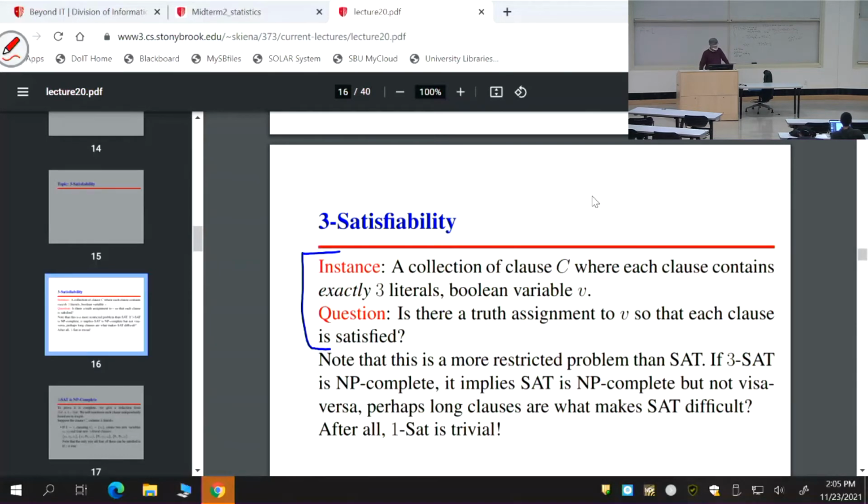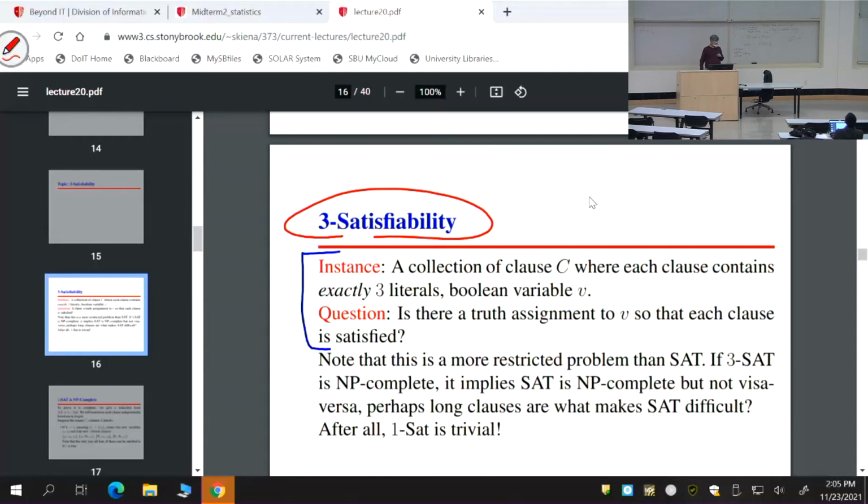I don't know. How would we prove that 3 satisfiability is as hard as regular satisfiability? One satisfiability obviously is easy. How would I argue that 3 satisfiability is hard?